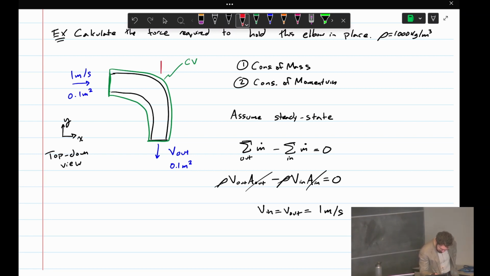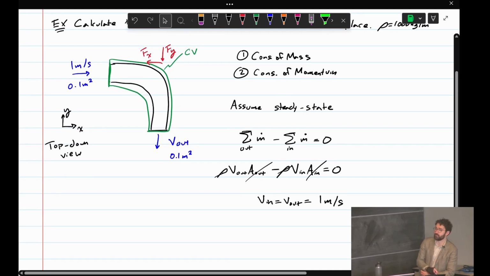So the forces that act on our fluid is going to be like Fy and Fx here. Actually, sorry, Fy is going to be downwards. So if you have an intuitive understanding about the direction that this pipe would experience the force, the opposite direction is what happens to the fluid.